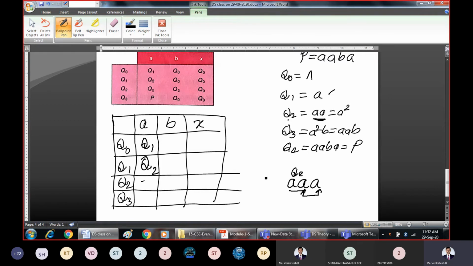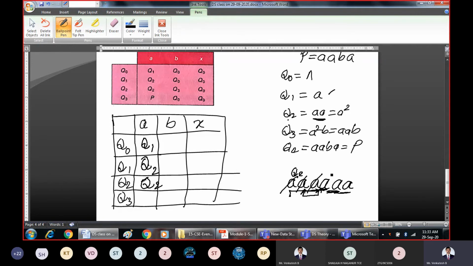Because what I am trying to find is AABA. The first two characters are AA, right, I am at Q2. Again the third character is also A. That means this AA you have to consider now. You just ignore the first character and consider only these two. Say there is one more A, ignore this and consider these two. If there is one more A, ignore this and consider these two. Ultimately, when you are in Q2 and you get A again, you stay in Q2 itself. You will not change the state because all are the same, right? This A and you have one more A here.